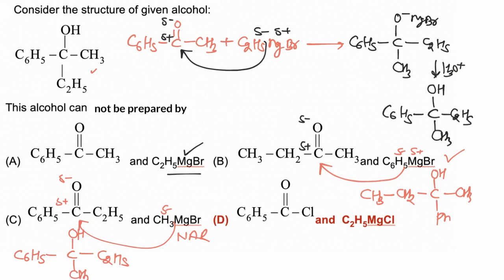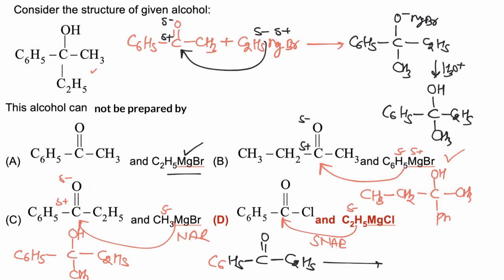Now in the fourth case, C2H5MgCl acts as a nucleophile, and first an SN-AE reaction takes place. In the first step, nucleophilic addition elimination takes place and Cl is replaced by C2H5. So after the first step we get C6H5-CO-C2H5.